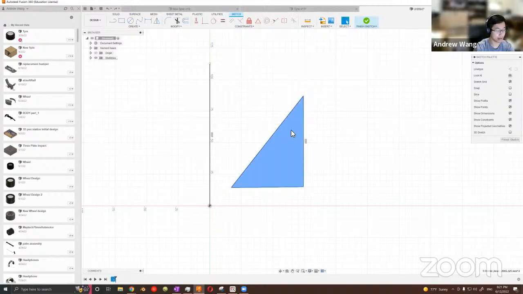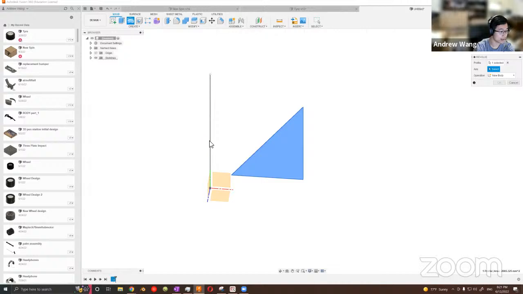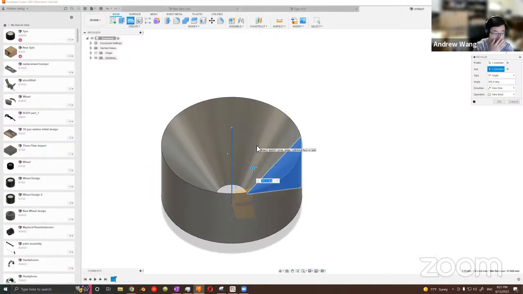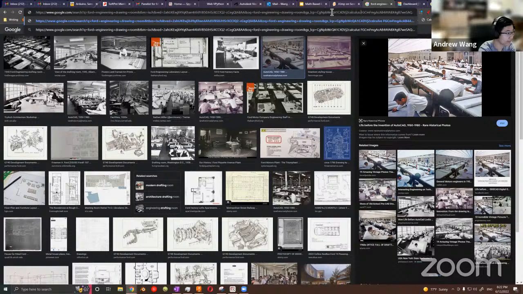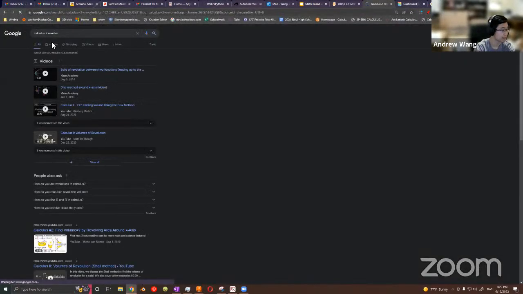This is the area under a graph, but if I rotate it around an object, say over here, revolve around this object, you'll see that I can create an entire shape out of it. This is what we have in calculus 2. Revolution.